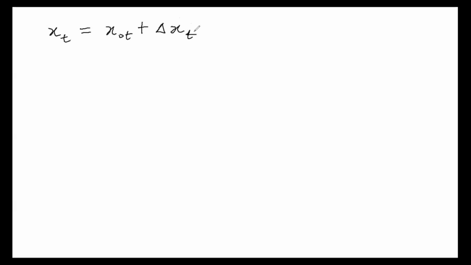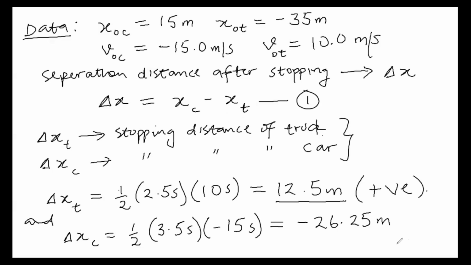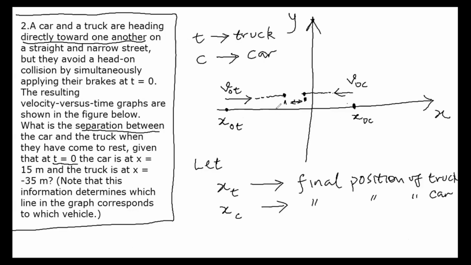Just to make sure that you guys have understood, I'll go back to the diagram. So the truck is initially at this position. While braking, it covers a distance that we have already computed, about 12.5. So in order for us to find its new position, we must add its initial position and the distance that it has actually covered.